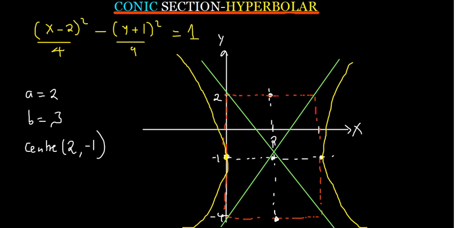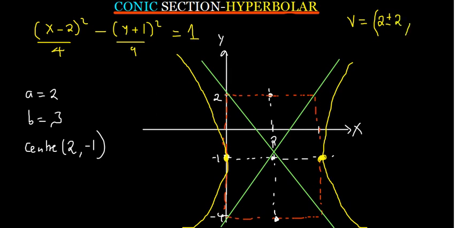Now the vertices are these points here where the graph is passing. So you can see the y value is constant, the y value is the same for these two vertices. What is just changing are the x values. So we have the x value of the center, that is 2, plus or negative the number that we got when we square rooted 4, that is a 2.